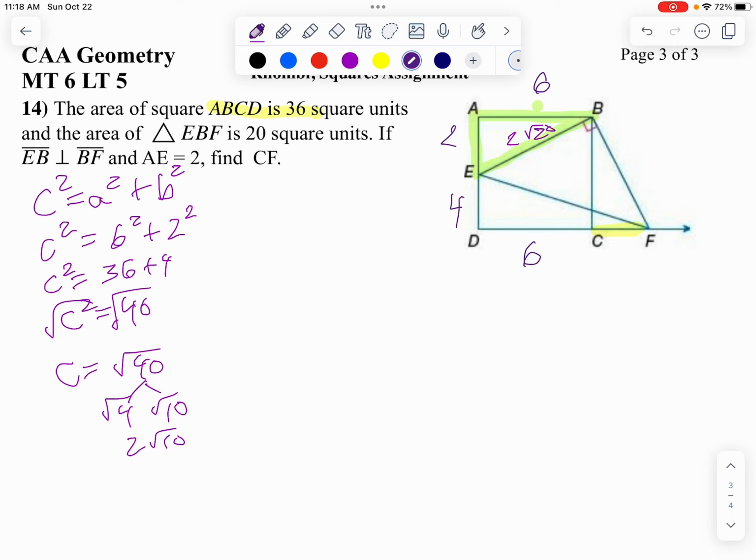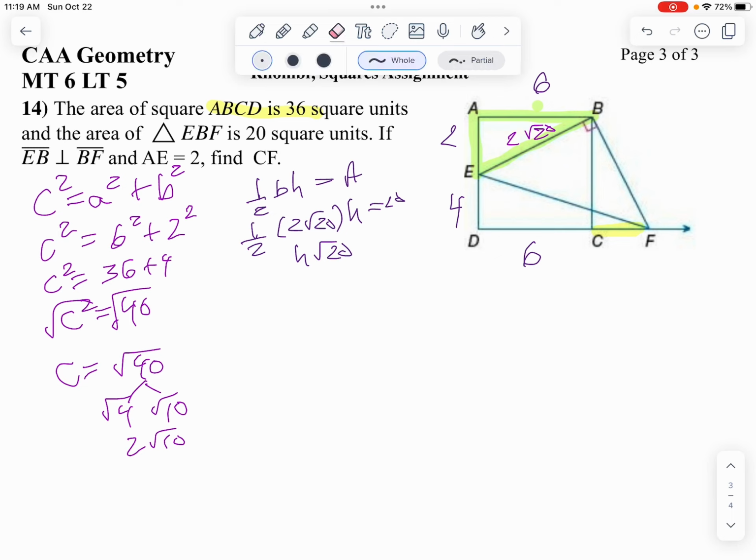Now I can use that fact because I got the area of the triangle. So I'm going to say 1/2 base times height equals my area. My base is going to be 2 square roots of 10, times my height h, equals 20.